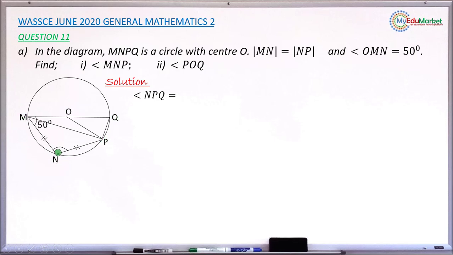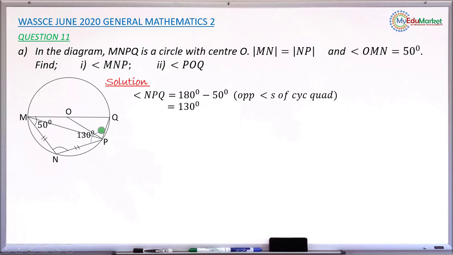MNPQ is a cyclic quadrilateral, and I have a theorem which says opposite angles of a cyclic quadrilateral are supplementary, which means I can now find NPQ. So NPQ will be equal to 180 minus 50, and my reason: those two angles are opposite angles of a cyclic quadrilateral. Subtracting 50 degrees from 180 gives 130 degrees. So this angle is now 130.